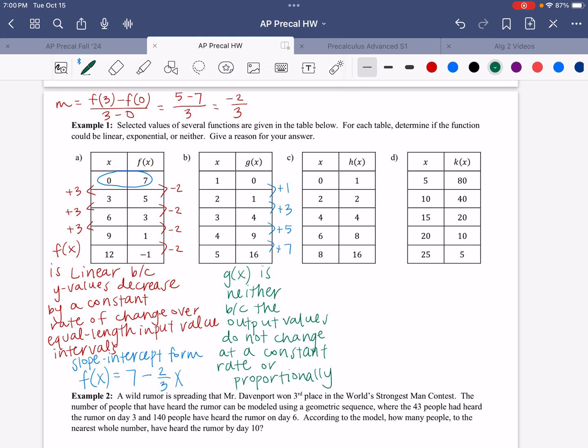So we checked for a constant rate of addition or multiplication. Neither one existed. All right, let's move on to C.